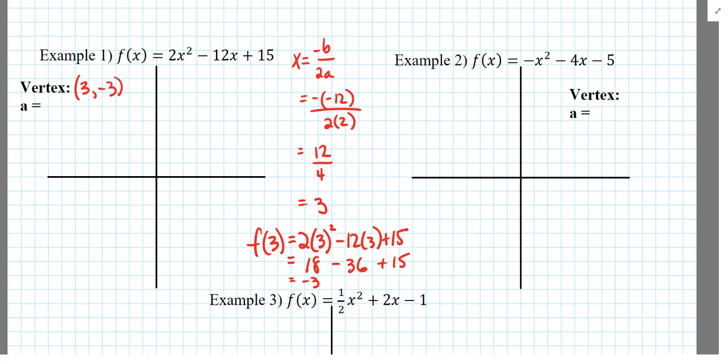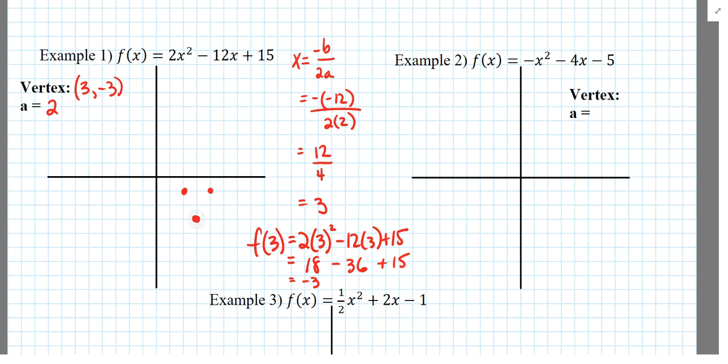With the vertex identified, 3, negative 3, we then use the a value, 2, to determine the location of the remaining key data points. We step to the left and right of the vertex 1 unit and up 2 units.